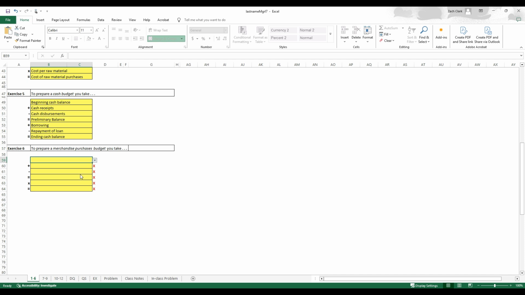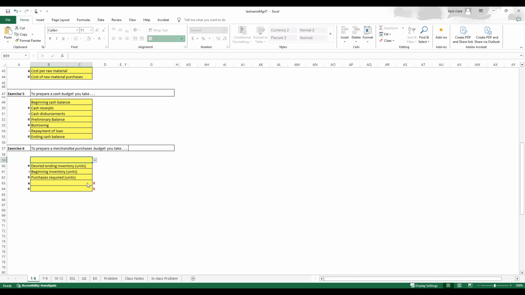So we want to look at total budgeted unit sales, desired ending units. We want to back out our beginning units and all that stuff. So I think here we want our ending, back out our beginning. That'll give us our total purchases required, let's say per unit.